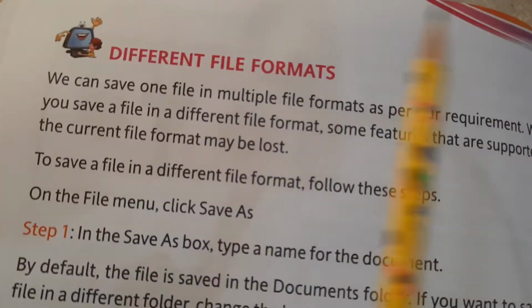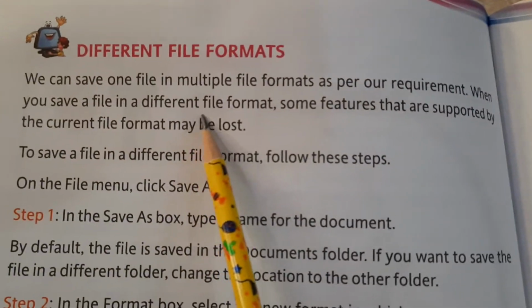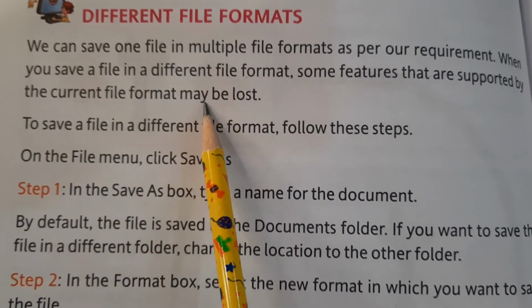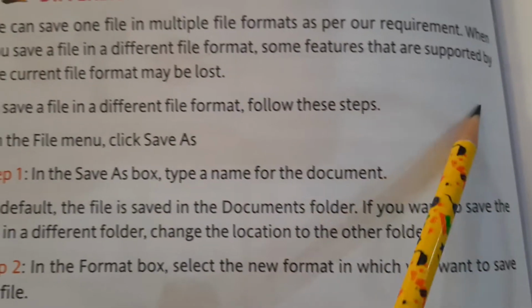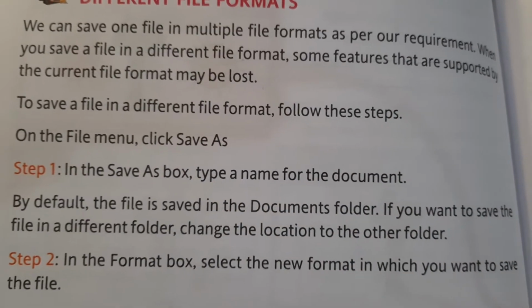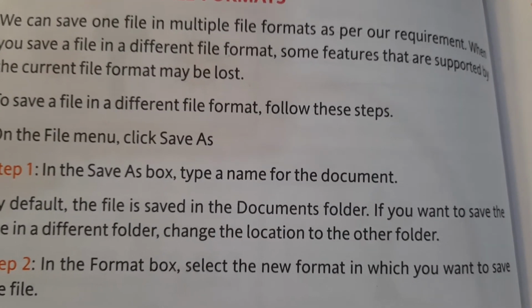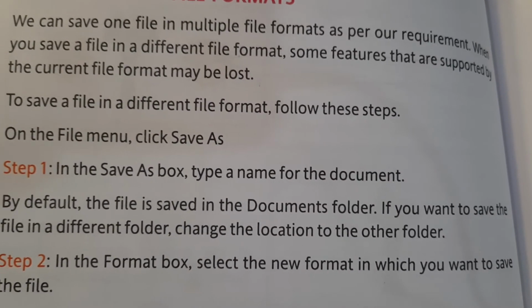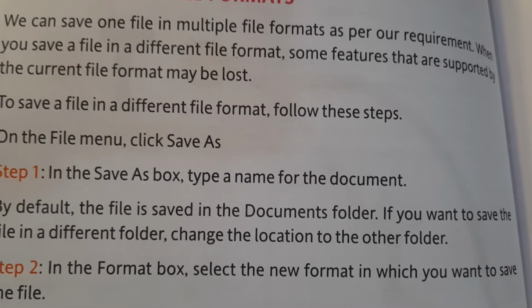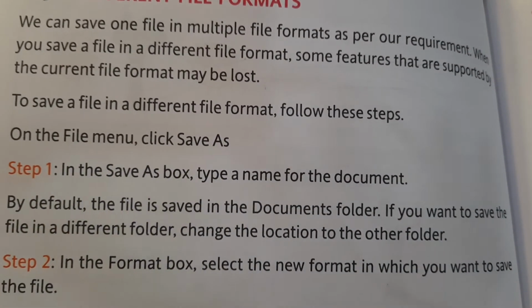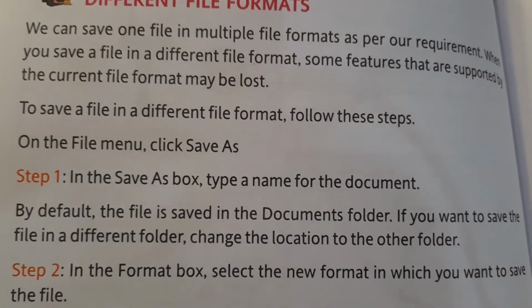Fine. So now different file formats. We can save one file in multiple file formats as per our requirements. When you save a file in a different file format, some features that are supported by the current file format may be lost. Means when we are saving files, suppose we are making a file in Paint, like we were creating these drawings, or in MS Word or PowerPoint, they are different files because they are from different applications and their work is also different.